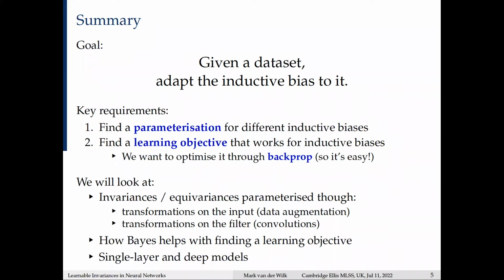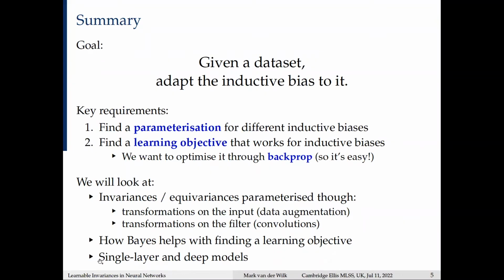In particular, I'm going to talk about single layer and deep models. A lot of my research focuses on single layer models, and in particular, Gaussian process models. I'm interested in this because it allows you to study the key properties in a model where you can actually solve all the equations in a mathematically very precise way.